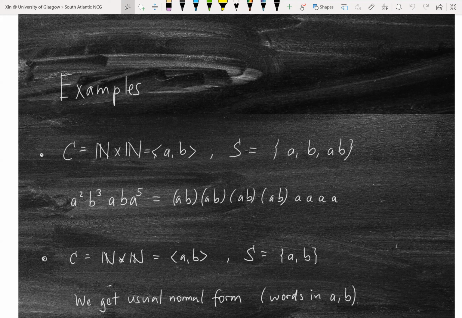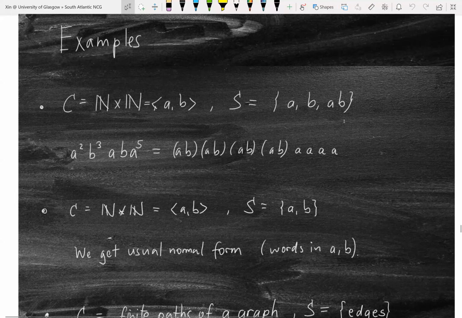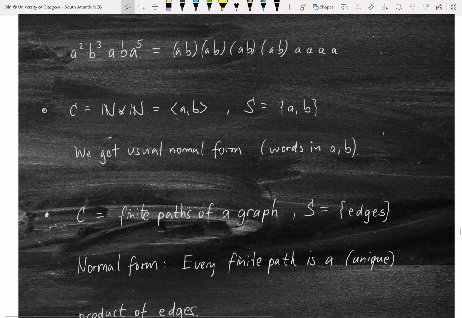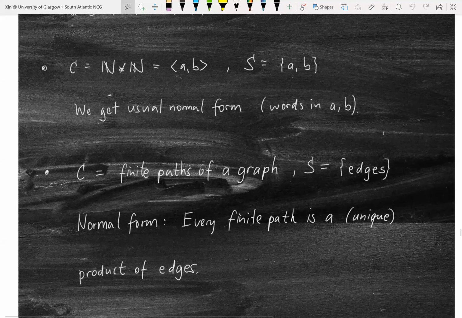And then the normal form will just be the usual way you write elements in the free monoid as words in A and B. For graphs, what you can do is just take for S the edges, and then use that any finite path in your graph is a unique product of edges. This is how we think about a finite path, and this will be the normal form in this case.